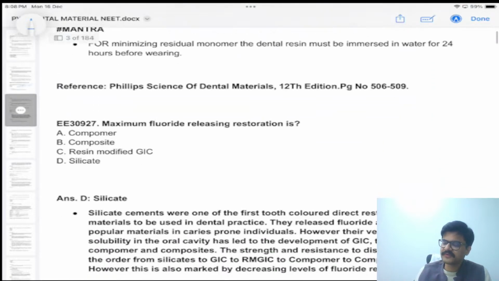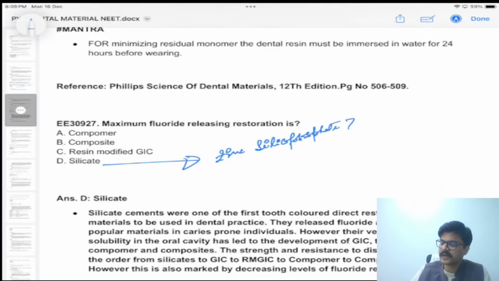Maximum fluoride releasing restoration. Now guys, again the answer is silicate. And to tell you what, if you have silicophosphate in the options, then from the old Phillips, always mark zinc silicophosphate. So follow this order, guys.